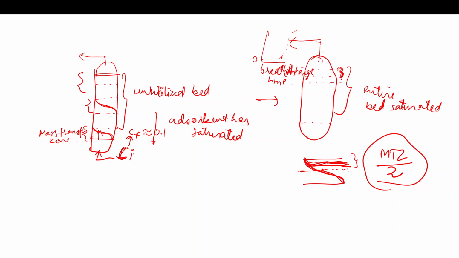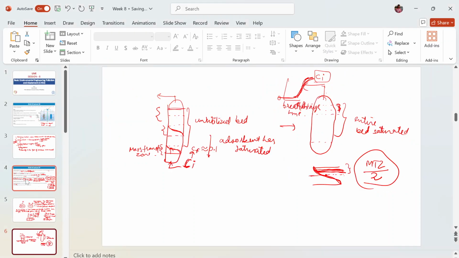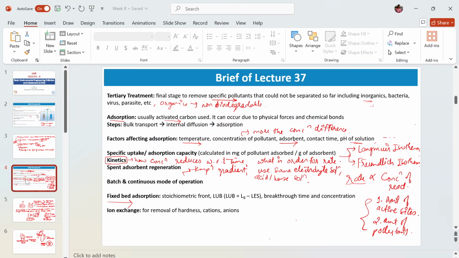And after the breakthrough point the concentration shoots up and it finally reaches the initial concentration Ci. So this curve is known as the breakthrough curve, right? And the time at which the breakthrough point is obtained is known as the breakthrough time or the breakthrough point.